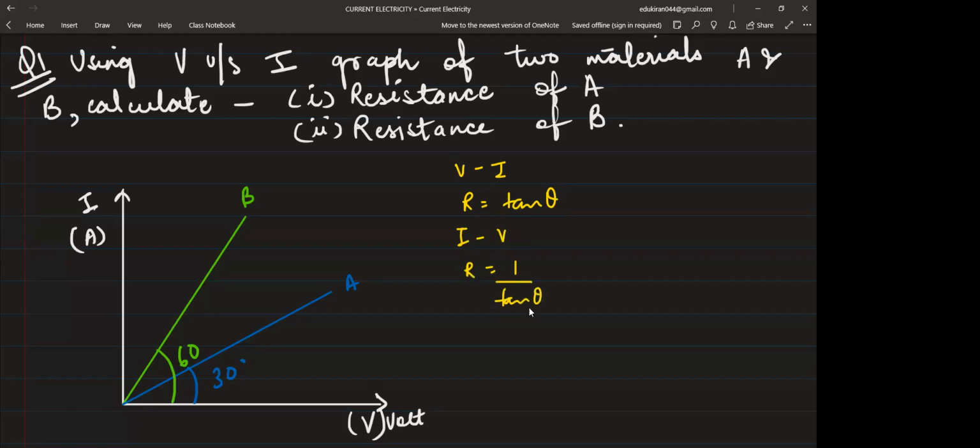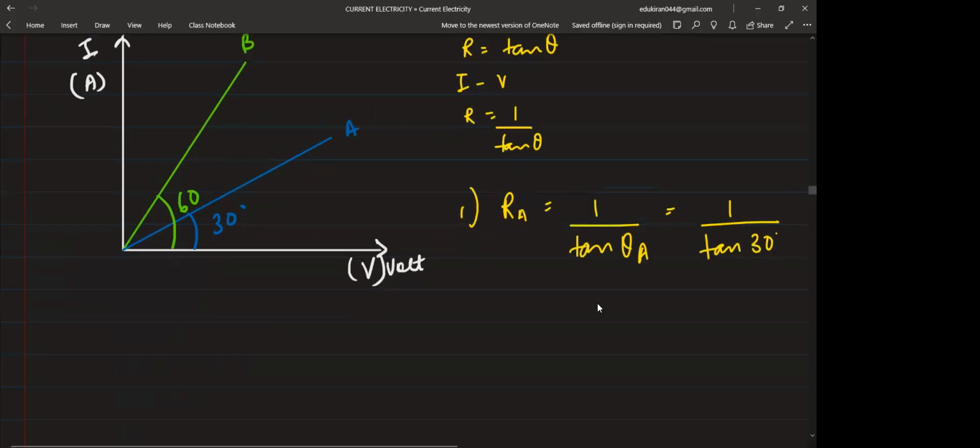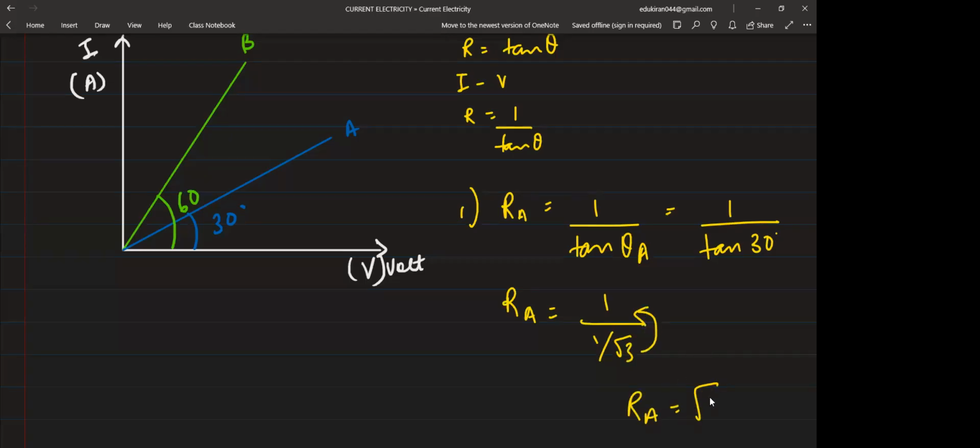It will be reciprocal. So in the first part, resistance of A will be 1 by tan theta A, that is 1 by tan 30 degree. Tan 30 degree is 1 by root 3. So RA becomes 1 by 1 by root 3, root 3 goes up, so RA equals root 3 ohms.